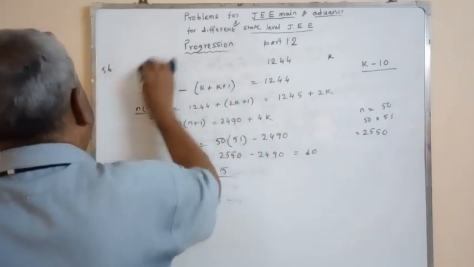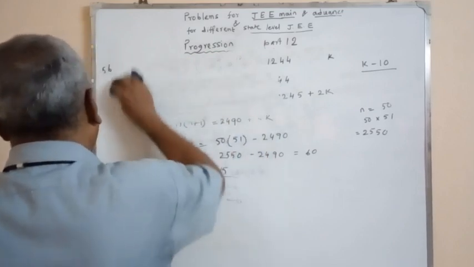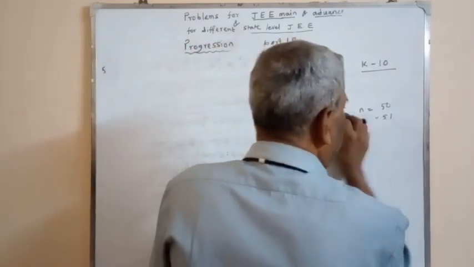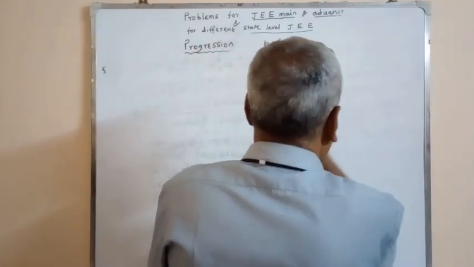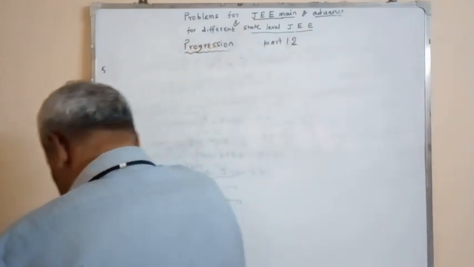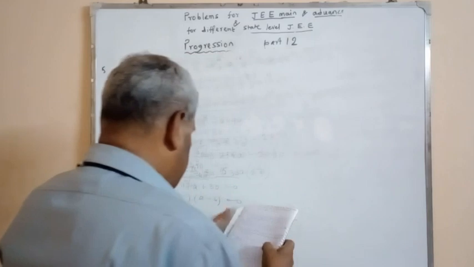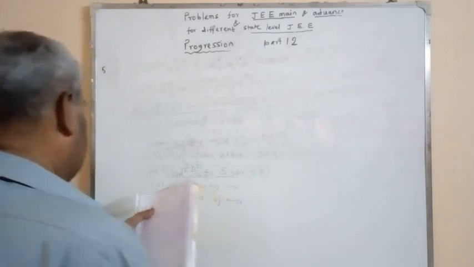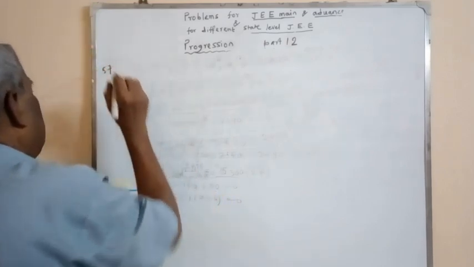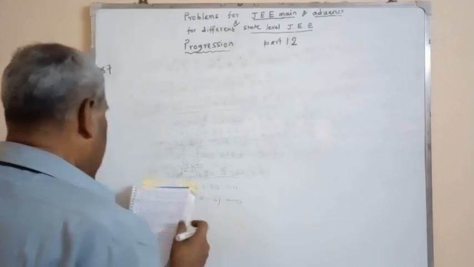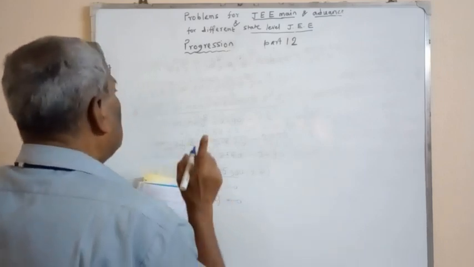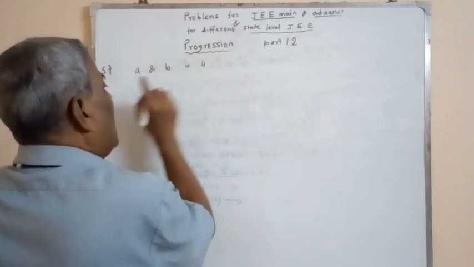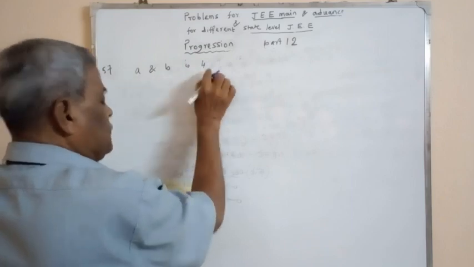Next, now the next problem is problem number 57. The problem is: let the harmonic mean of two positive numbers a and b be 4.